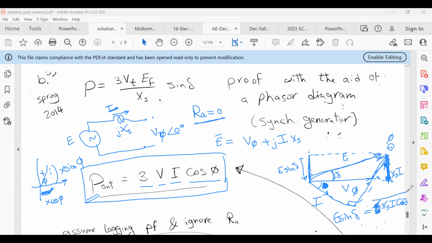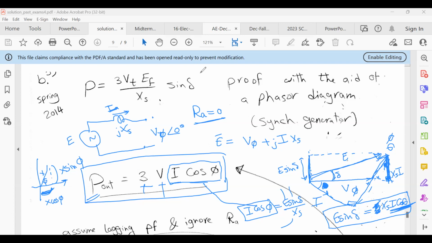So from this equation, I cosine phi, or theta, whatever, equals E sine delta over X_S. You can substitute this here, and you will find it will be 3 V E sine delta over X_S. This is exactly what they needed.